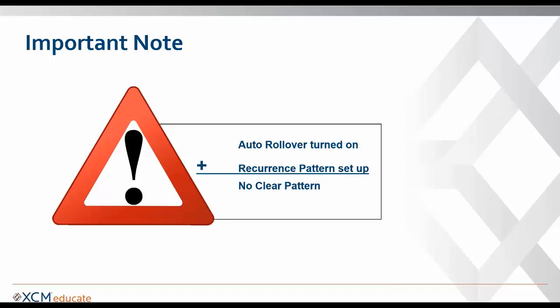So what does that mean? In our examples today, we're going to use an estimated tax payment. If you're using estimated payments for 1040, you don't want to use the 1040 task type because that's most likely going to be already set up for your automated rollover.